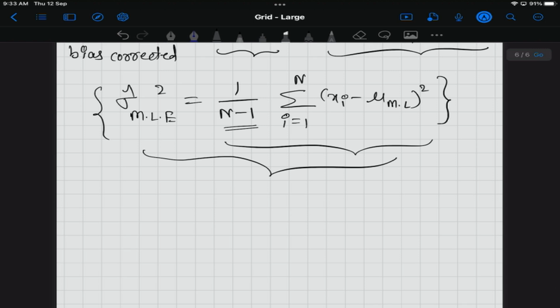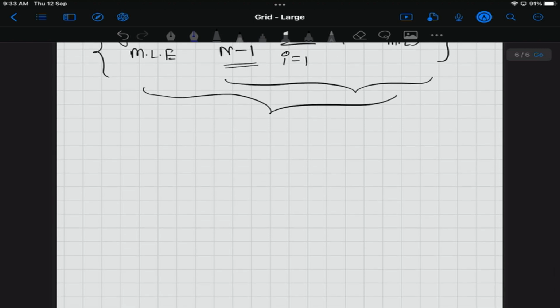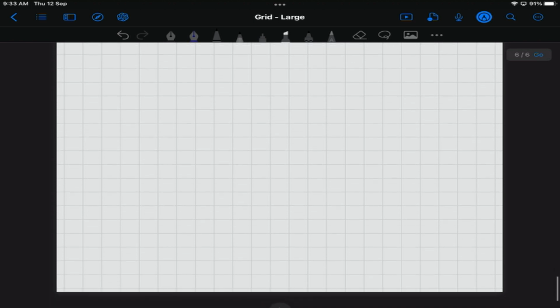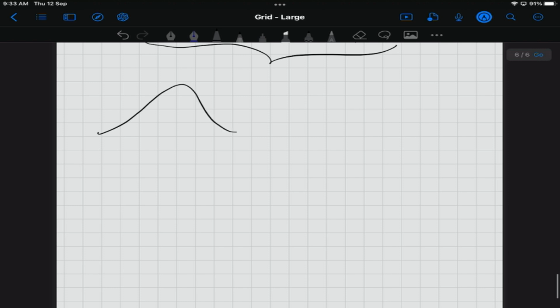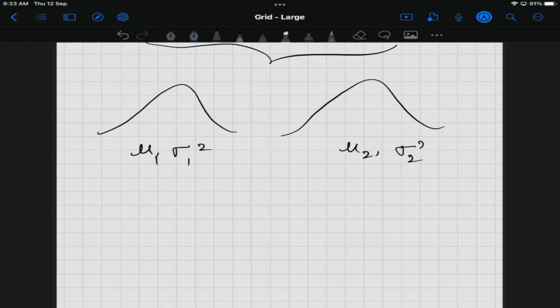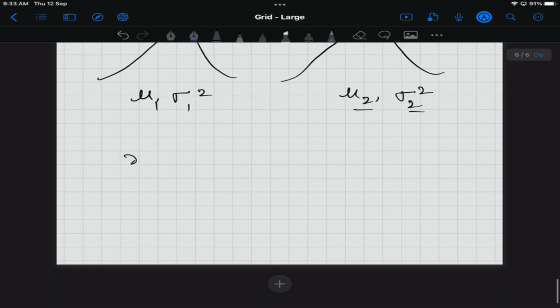Now shall we move forward and discuss our multivariate Gaussian. In the previous case, I assumed univariate Gaussians, and I tried deriving expressions for my mu and my sigma, specific to class 1 and specific to class 2. Now, what if my x, the data point in each class, is d-dimensional?